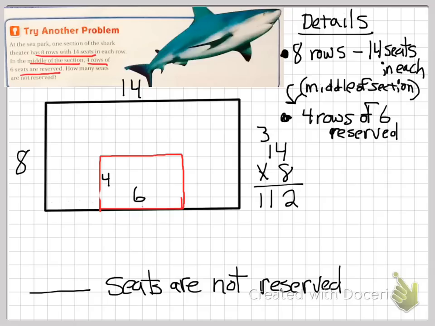And again, I've got something in the middle of this section, and they don't want to know about those seats, so I'm going to take those away. Oop, I'll number my steps when I'm done here. 4 times 6 equals 24. So I've got 112 seats total. And I'm going to take away the 24 that are in the middle section.